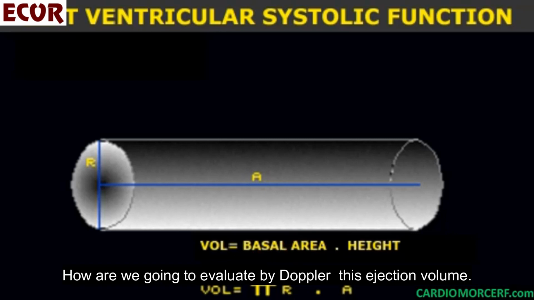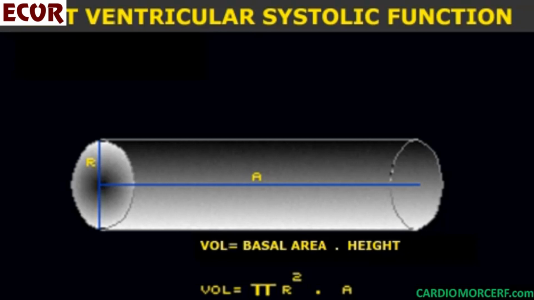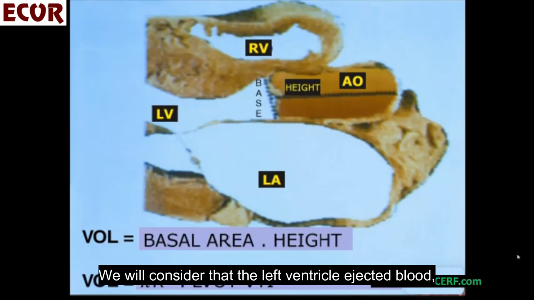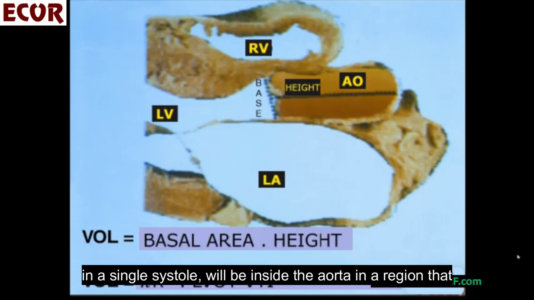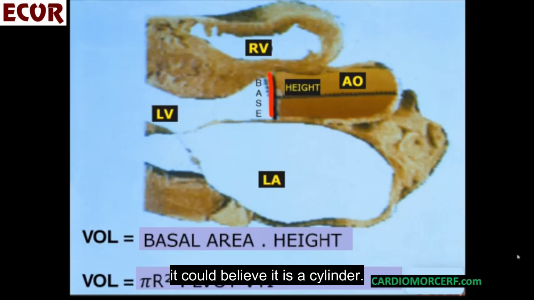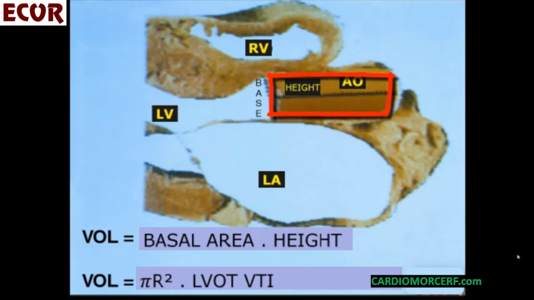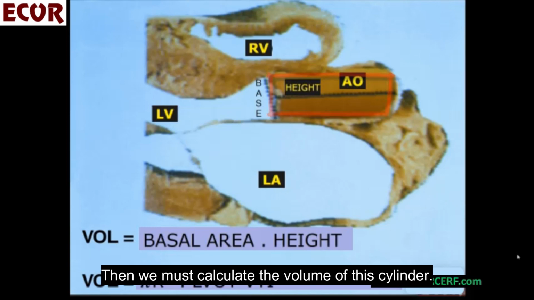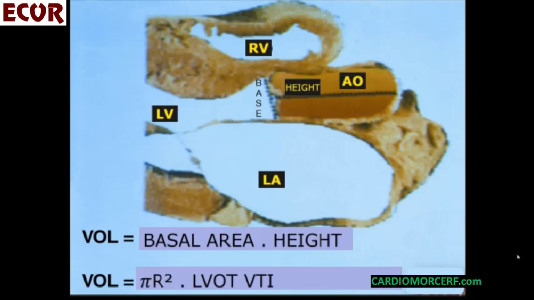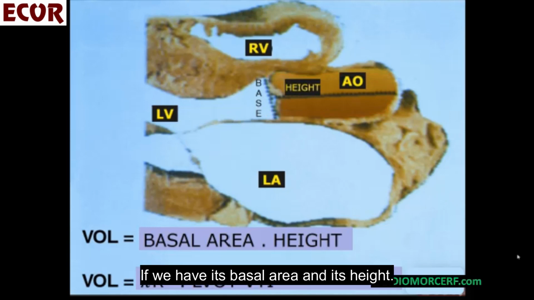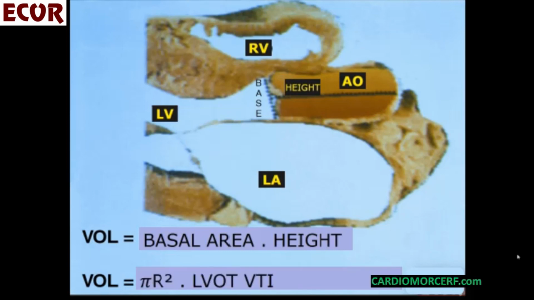How are we going to evaluate this ejection volume by Doppler? We will consider that the blood ejected by the left ventricle in a single systole will be inside the aorta in a region that we could believe is a cylinder. Then we must calculate the volume of this cylinder if we have its basal area and its height.